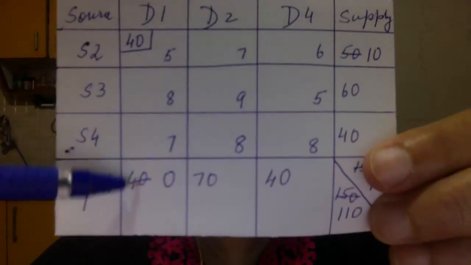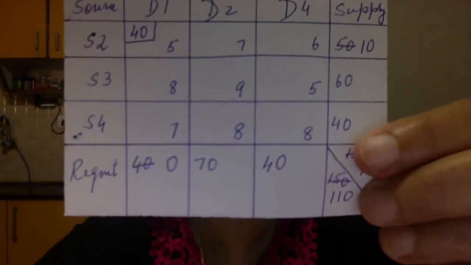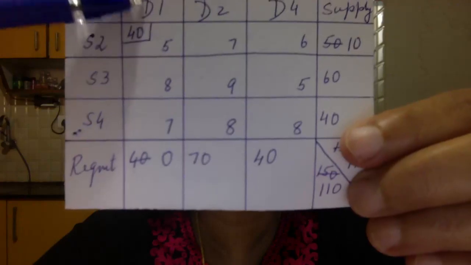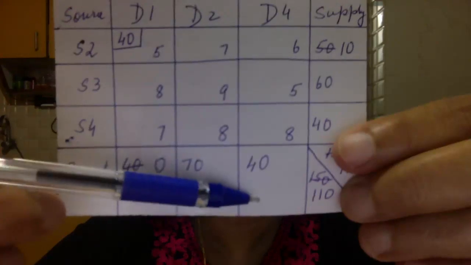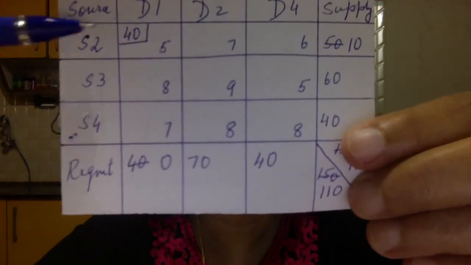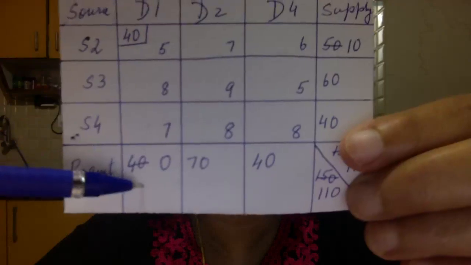Now remember class, this first column becomes eliminated. We'll have only D2 and D4 and all the rows. All the rows are there, but not D1, only D2 and D4. Let us rule another matrix. The first column will have source. Write down source.